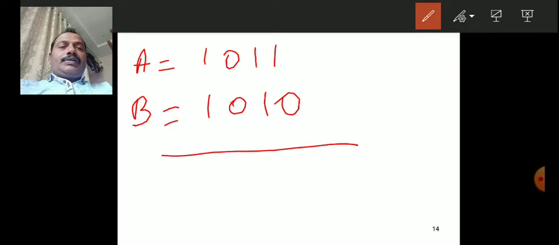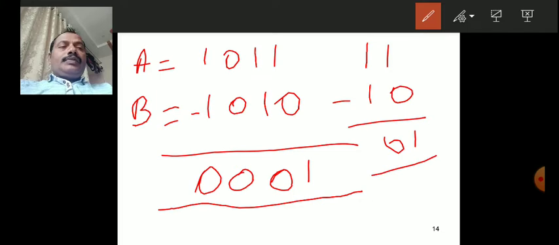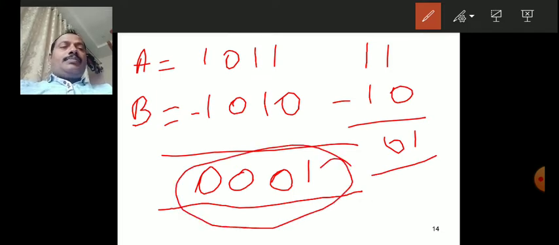Let us subtract. 1 minus 0 is 1, 1 minus 1 is 0, 0 minus 0 is 0, 1 minus 1 is 0. That means 11 minus 10 is 1 in decimal. So you got the same result in binary.